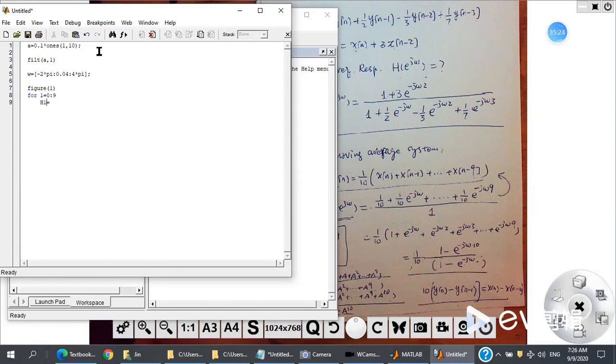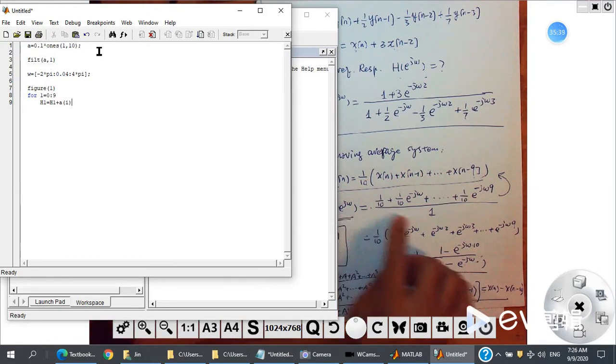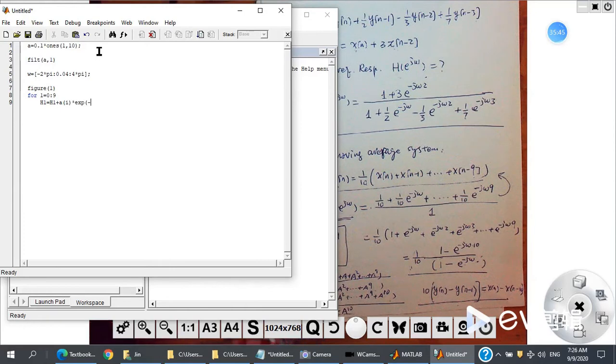Then for figure 1, I need to plot capital H1, which is H1 plus a new term. The new term will be A of i times exponential power of negative j times omega. Oh, this i runs from 0 to 9.